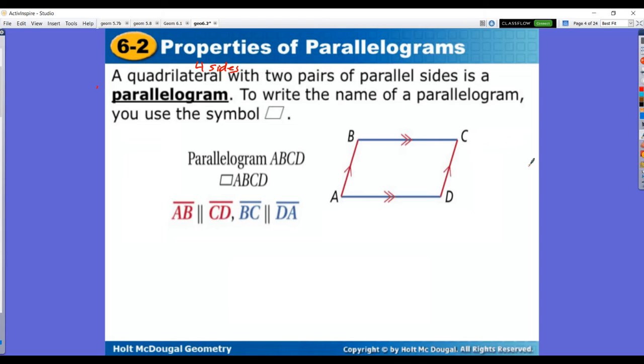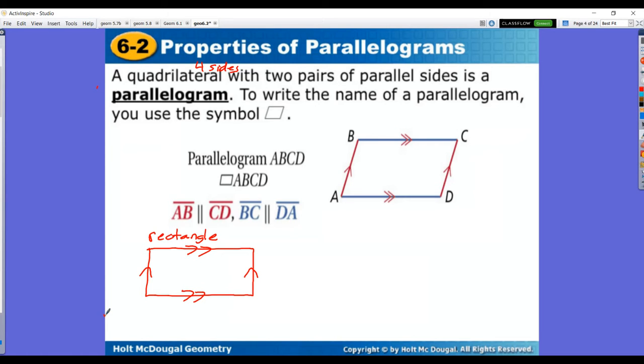But there's also other figures that fall under the category of a parallelogram. We'll take a look at what we have here. One of them is going to be a rectangle. Rectangles also meet the definition of a parallelogram because they have two pairs of parallel sides.